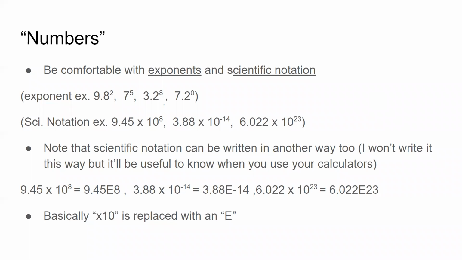And then note that scientific notation can be written in another way too. I won't write it this way on like tests and stuff, but it'll be useful to know, because when you use your calculators, it'll say E, and that's basically a substitute for times 10. So like 9.45 times 10 to the 8th is basically 9.45 E8. You guys can have a calculator and like test it out right now.